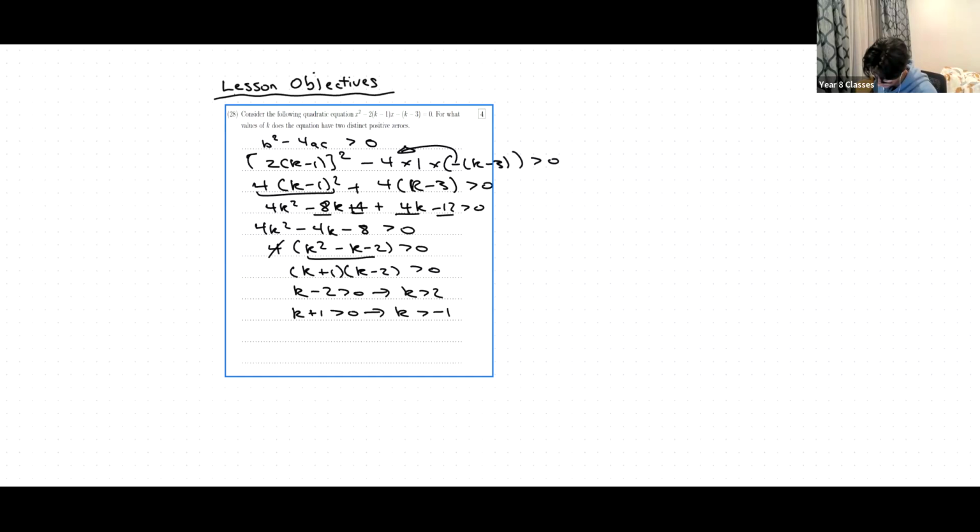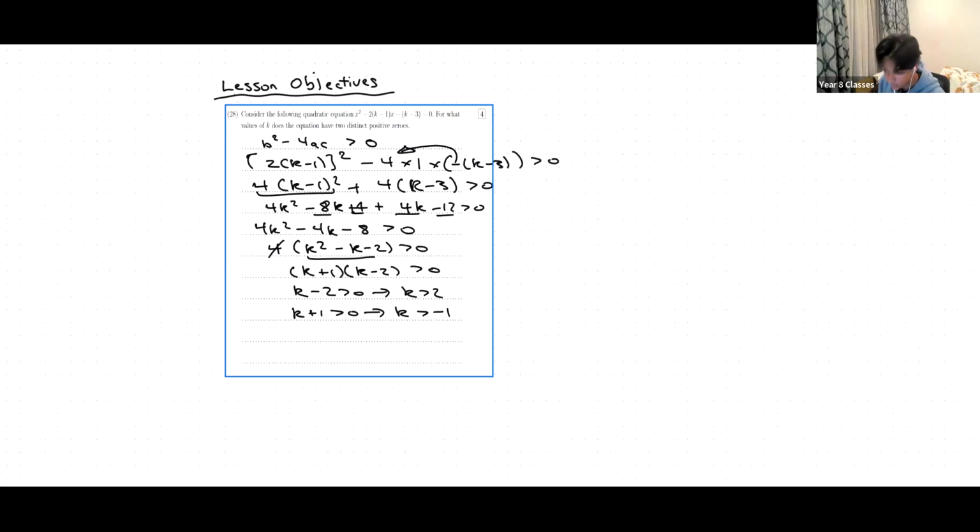Is that correct? One sec. Yeah, that should be correct. And the last part is looking at the sum of roots and product of roots.